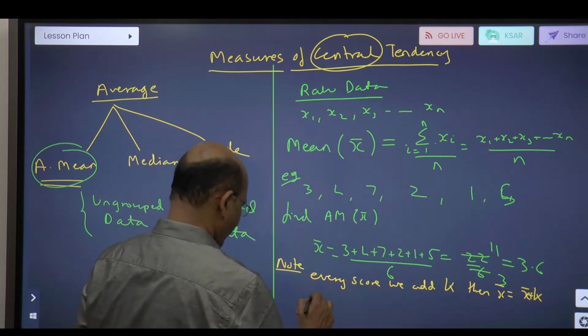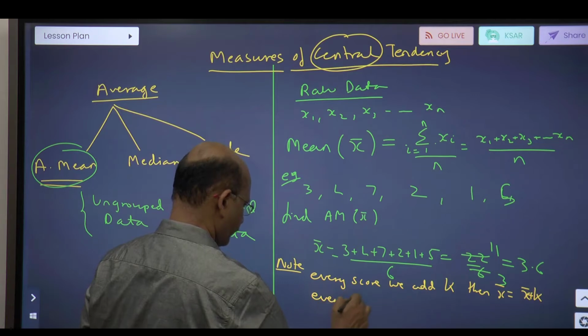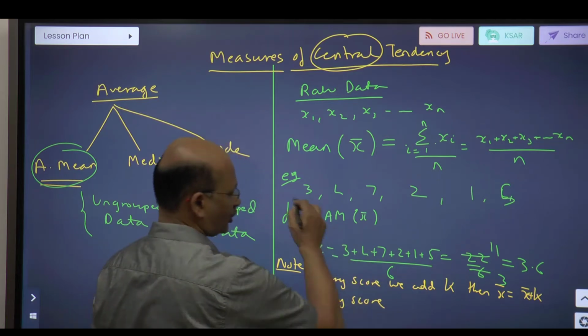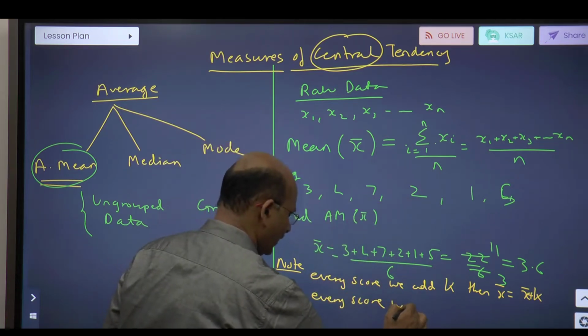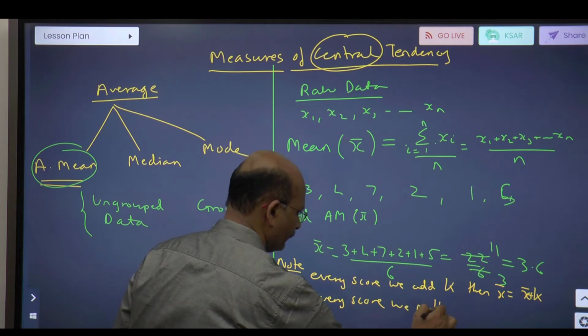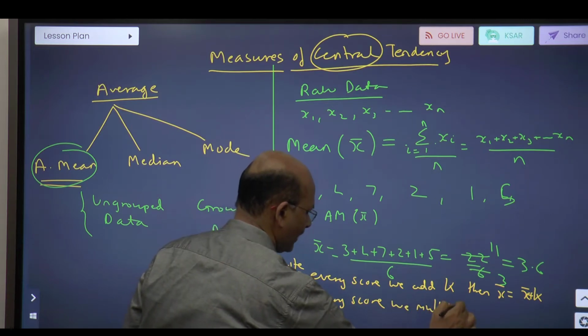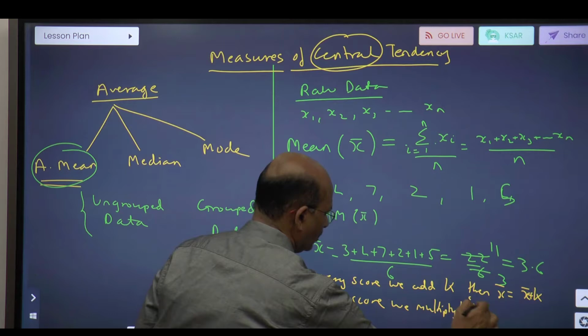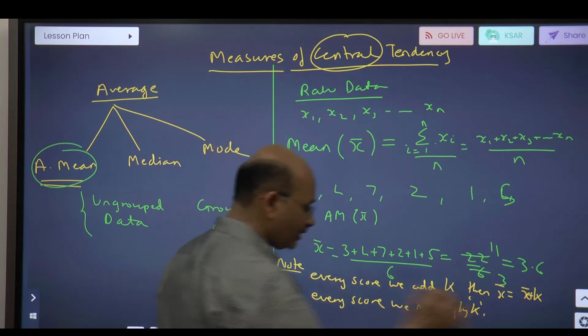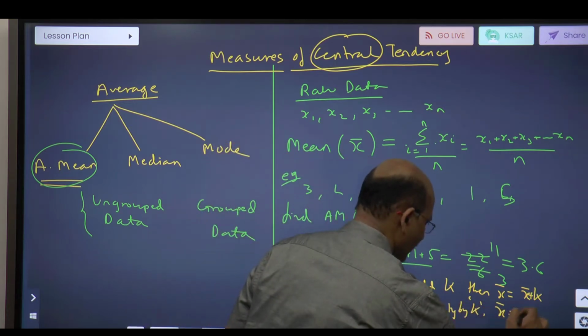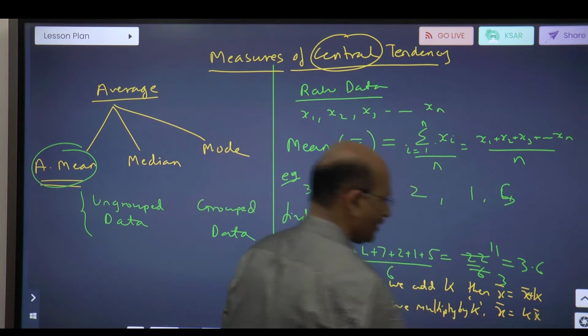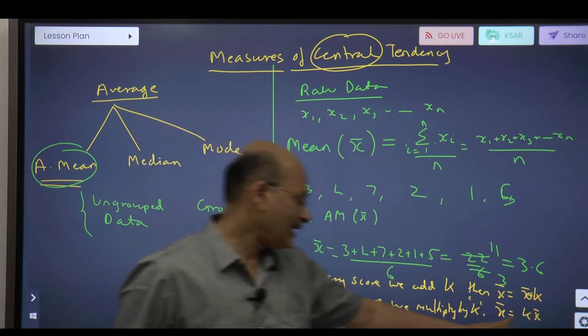Similarly, if every score or every observation we multiply by k, then what happens? The new x bar will be k times the old x bar. Please do not misunderstand this point.